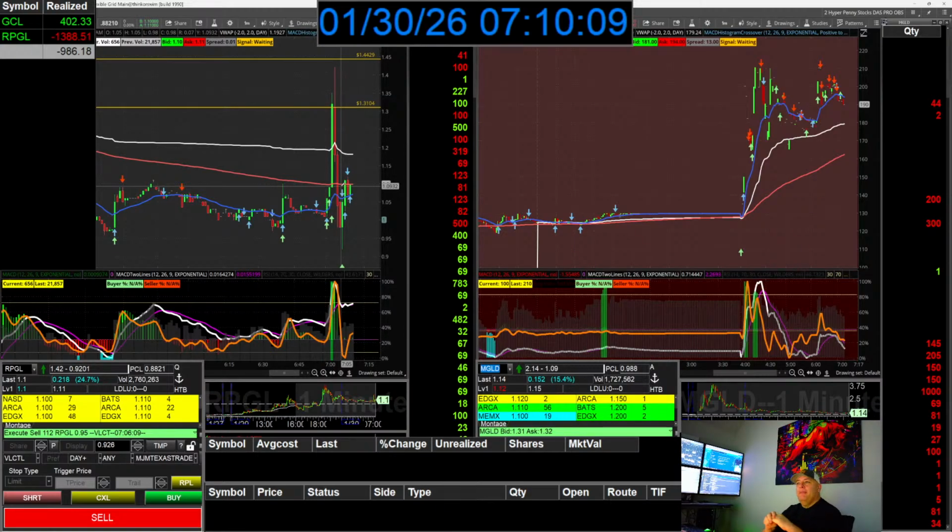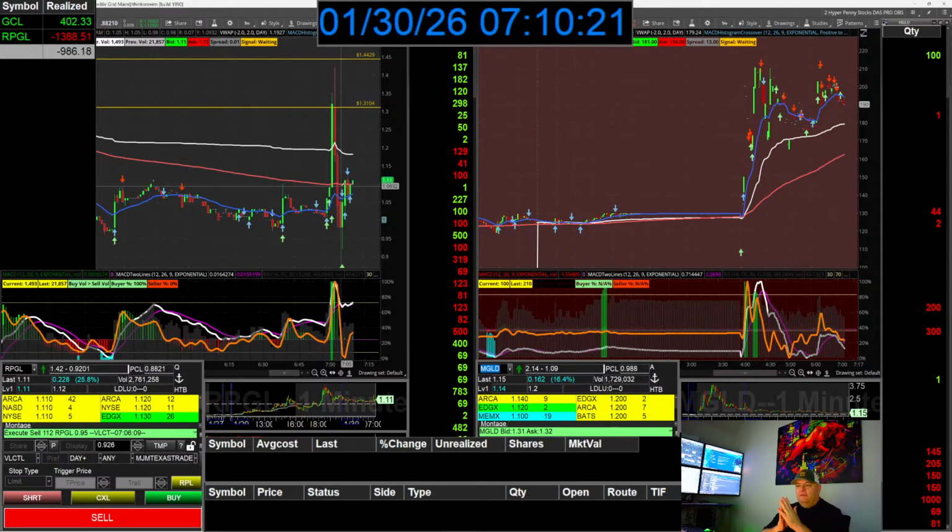Dang, nice little hit. But this is what trading is all about. And I did break the rule by jumping into this one. But this one has been moving since yesterday.